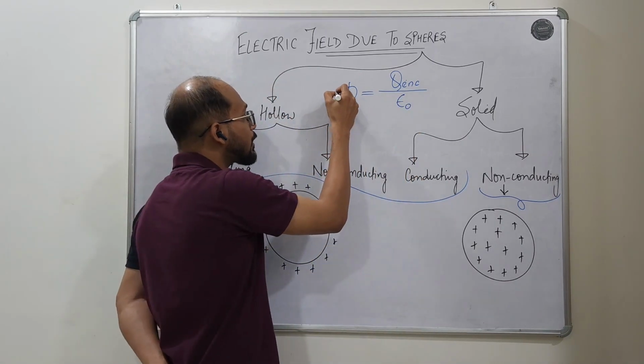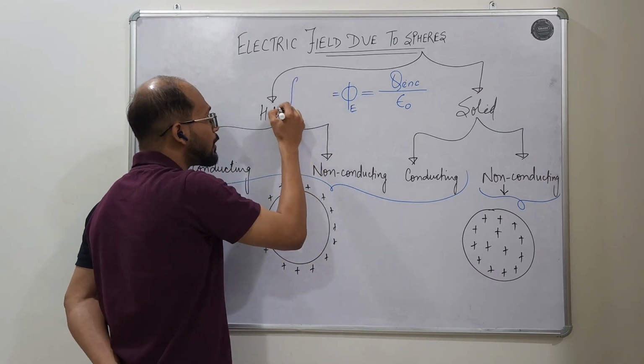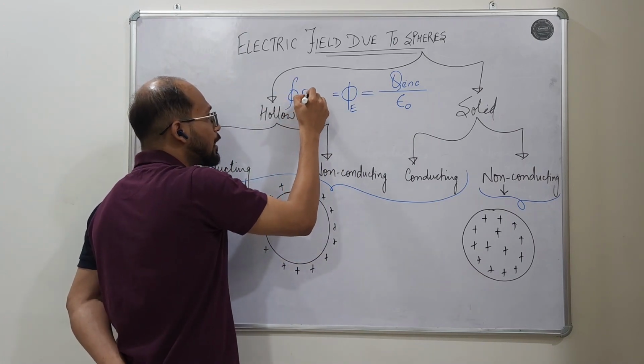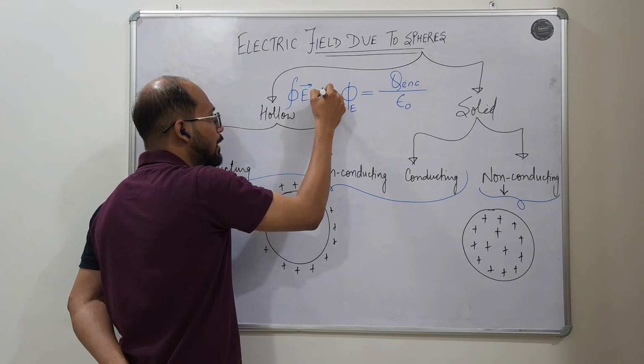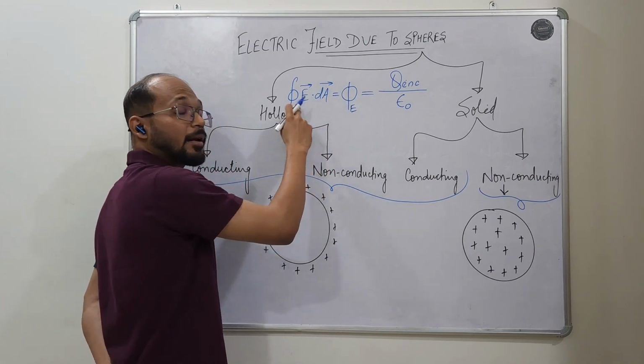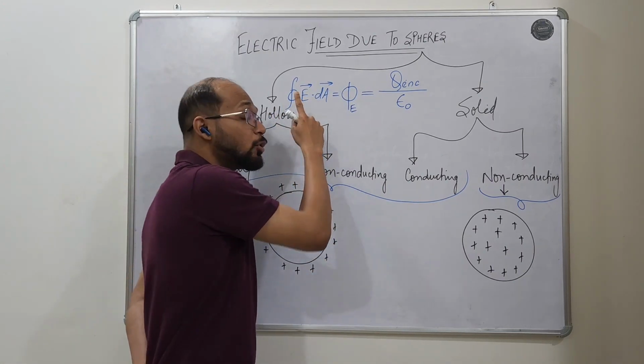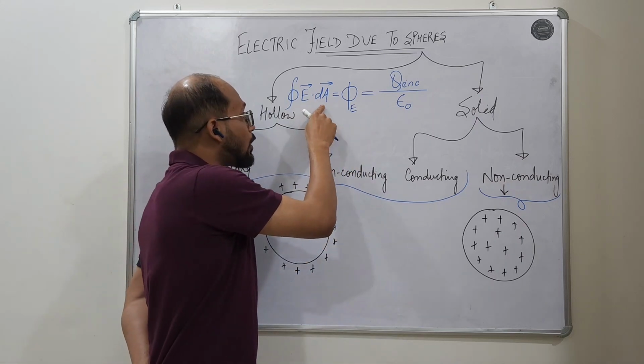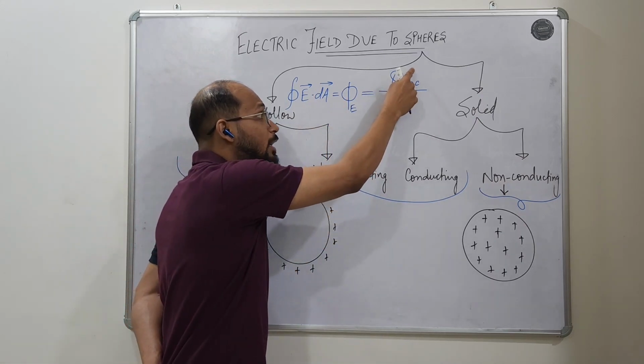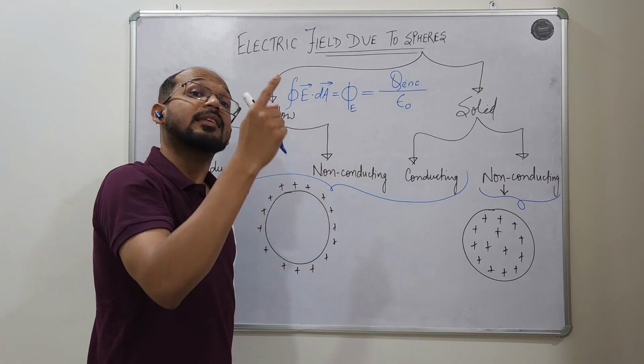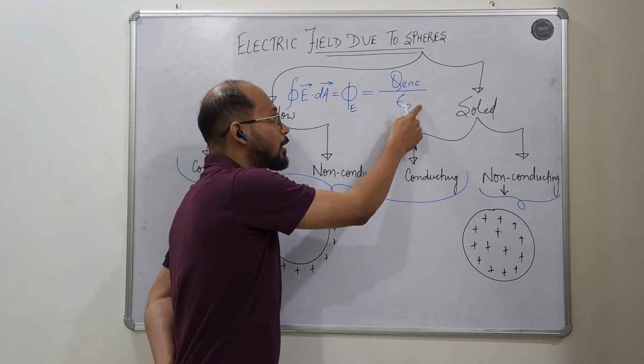And this total electric flux can also be written as the closed integral of E dot dA. That is, E is the total electric field due to all the charges, dot dA, equal to the total charge enclosed inside the Gaussian surface divided by epsilon naught.